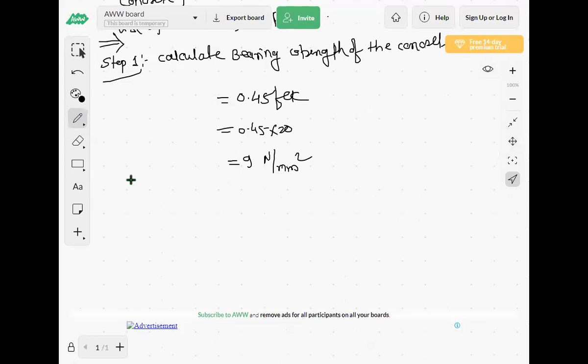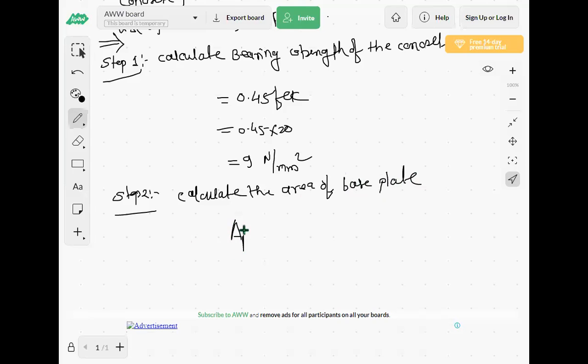Now follow step 2. What is step 2? Calculate the area of base plate.